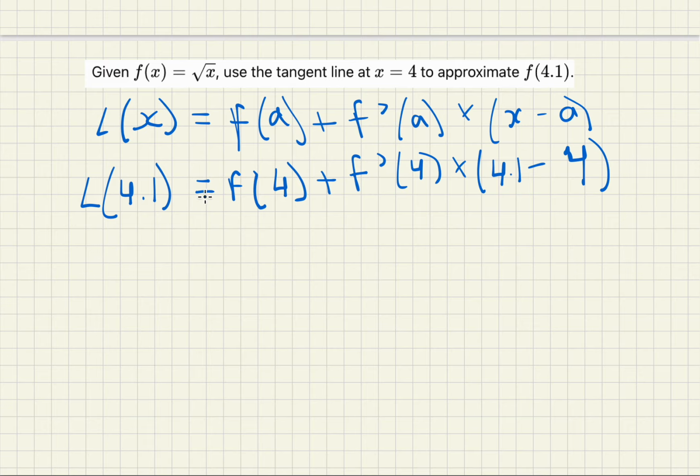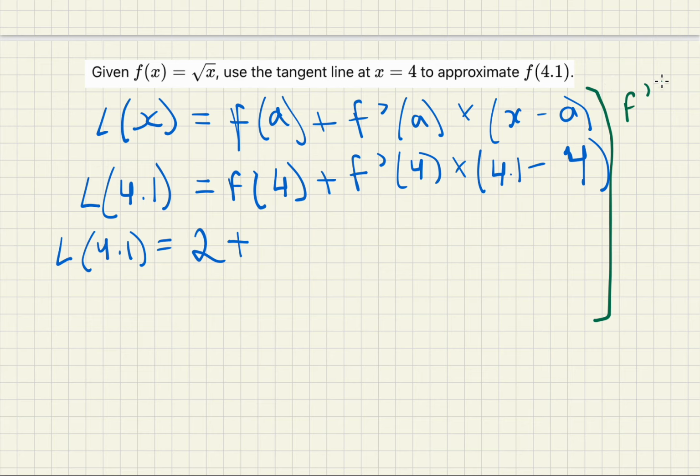Now we can simply solve this, and we get f at 4 is the square root of 4, which is 2. And f prime at 4, to find that, we need to take the derivative to find f prime.